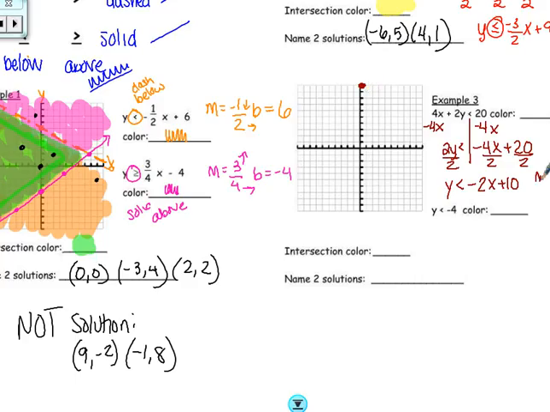If its slope is negative 2, remember that's negative 2 over 1, so I would go down 2 over 1, to positive 1. Since it's less than, I have a dashed line, and I'm going to color below it.